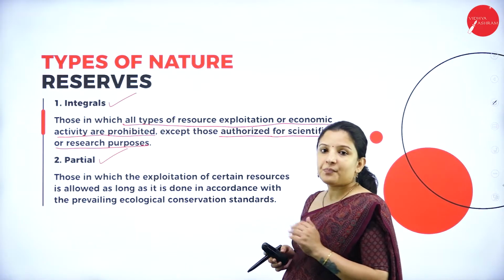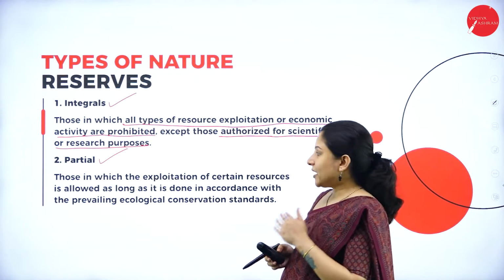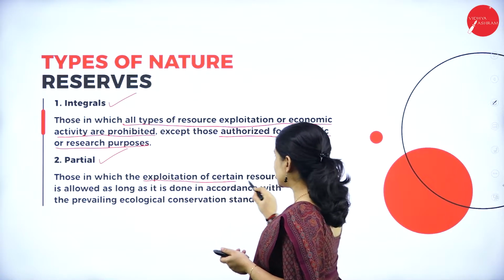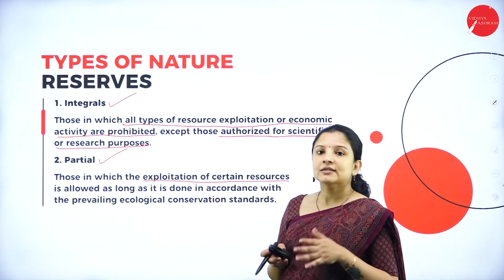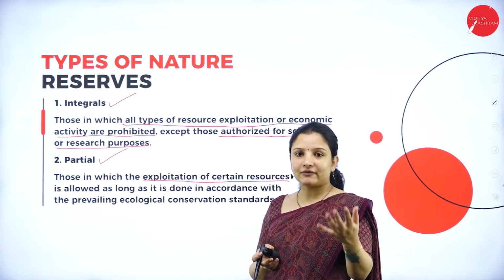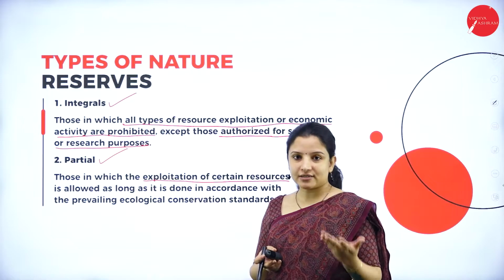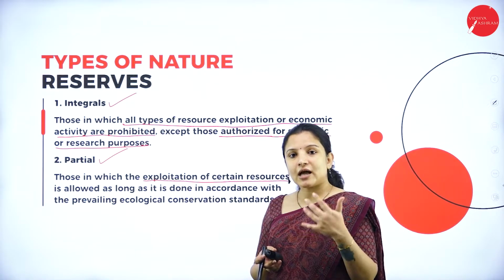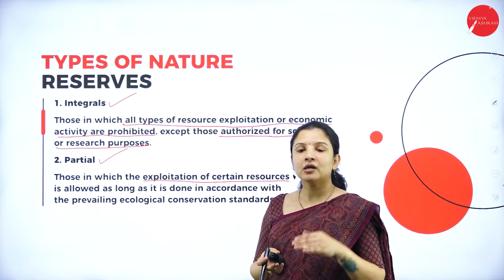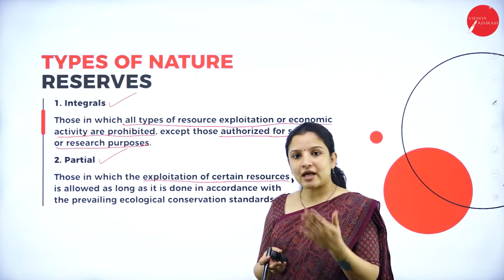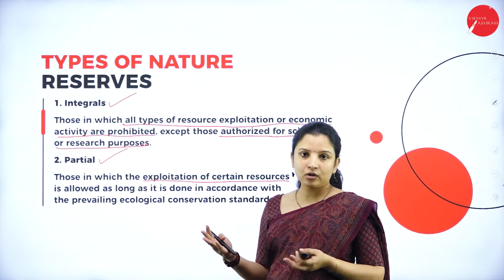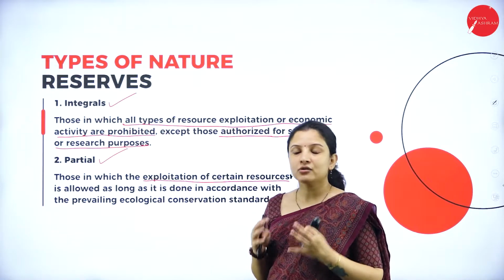Next, talking about the partial nature reserve. Partial nature reserves are those in which exploitation of certain resources is allowed. For example, the tribes can make use of the resources available in the forest for manufacturing certain goods. Recreational activities to some extent, within a limit, can be carried out here. Safaris and all that can occur in this particular place. So people are allowed, but that too with great rules and regulations.